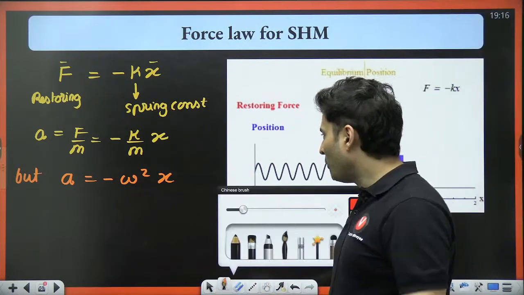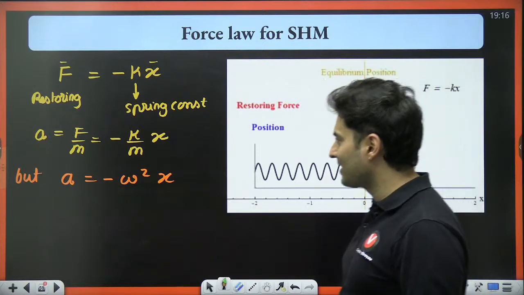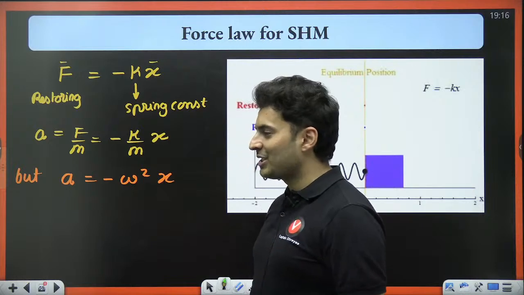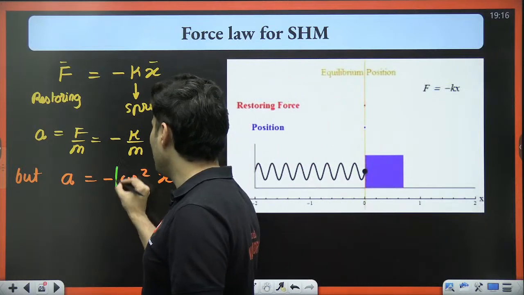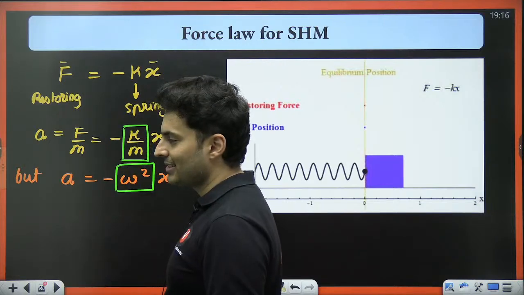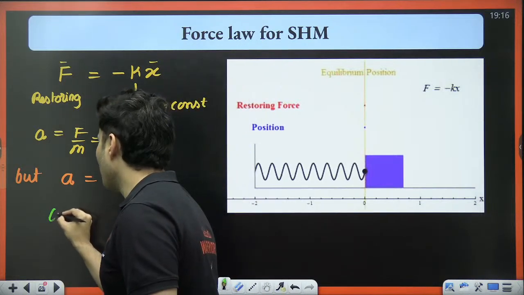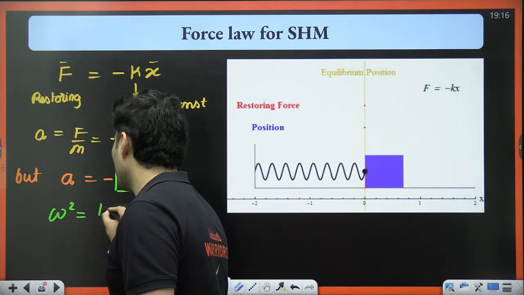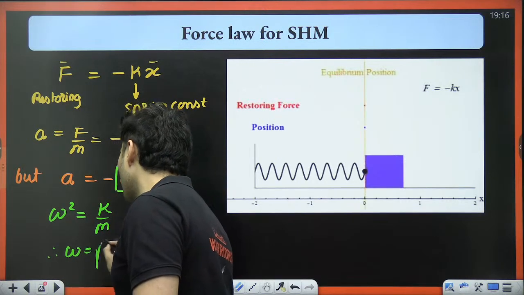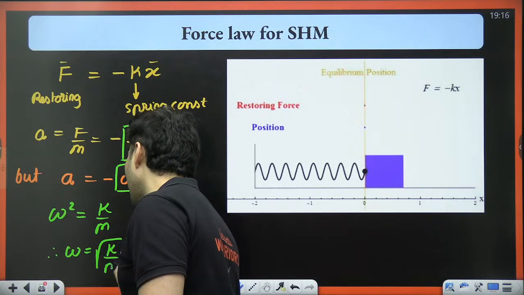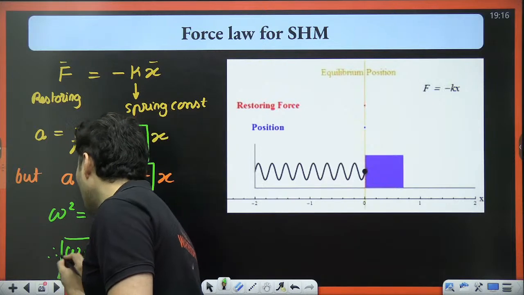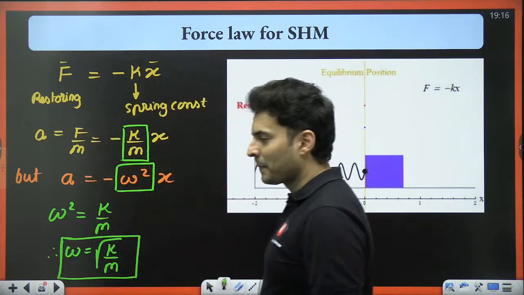Compare: a is minus k by m x, is minus omega square x. Obviously, it tells you omega square and k by m are actually the same thing. Isn't that right? So omega square is actually k by m, or rather omega is root k by m. A very important formula. Omega is root k by m.